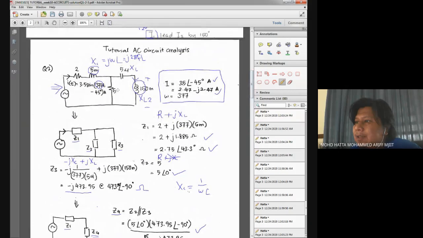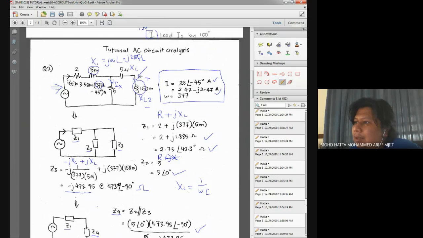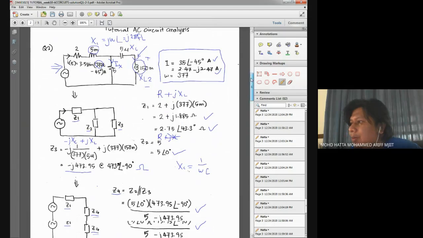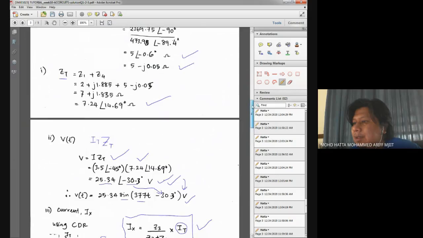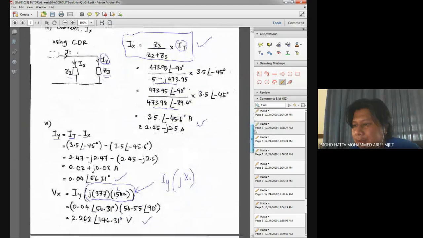So I recall back the strategy. The strategy here is that I already know my current over here as Ix, and the way I calculate the voltage across this part is by calculating the current flowing through here and multiplying with the XL reactance value, and I will get my Vx as in the solution here.